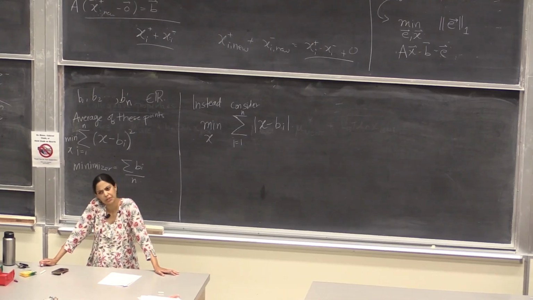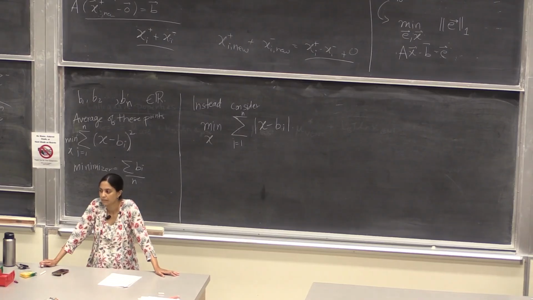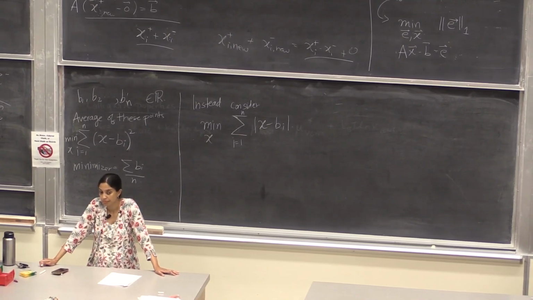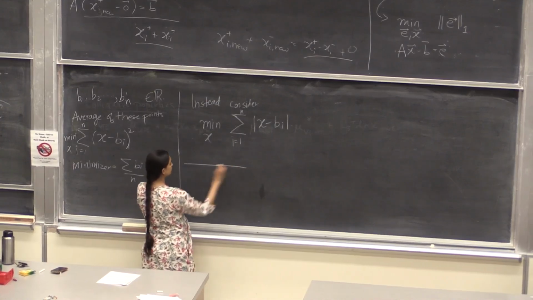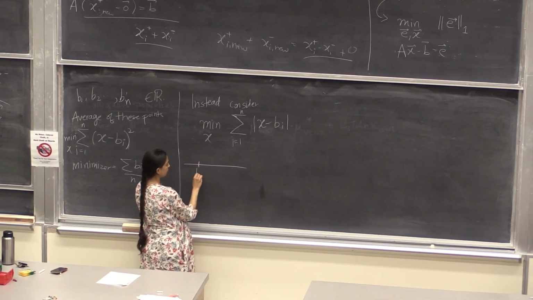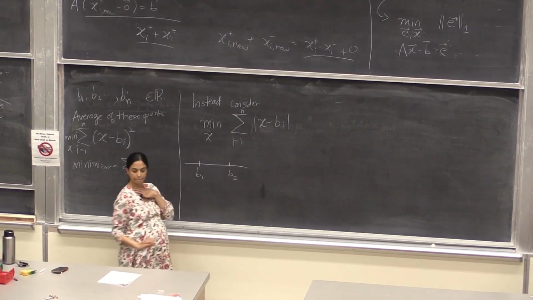What if you had 2 points? So now I have 2 points, b1 and b2, right?